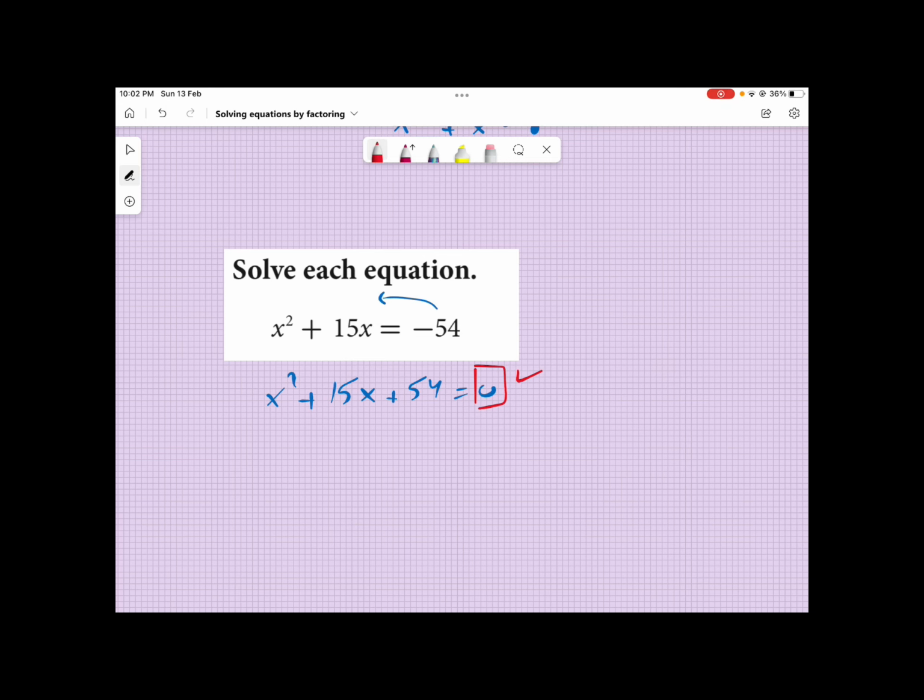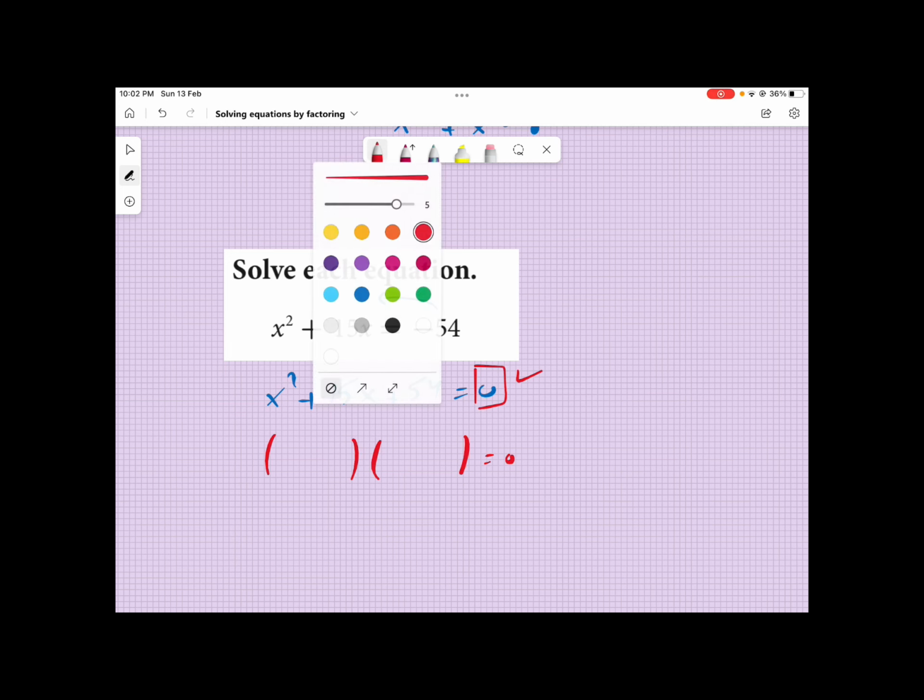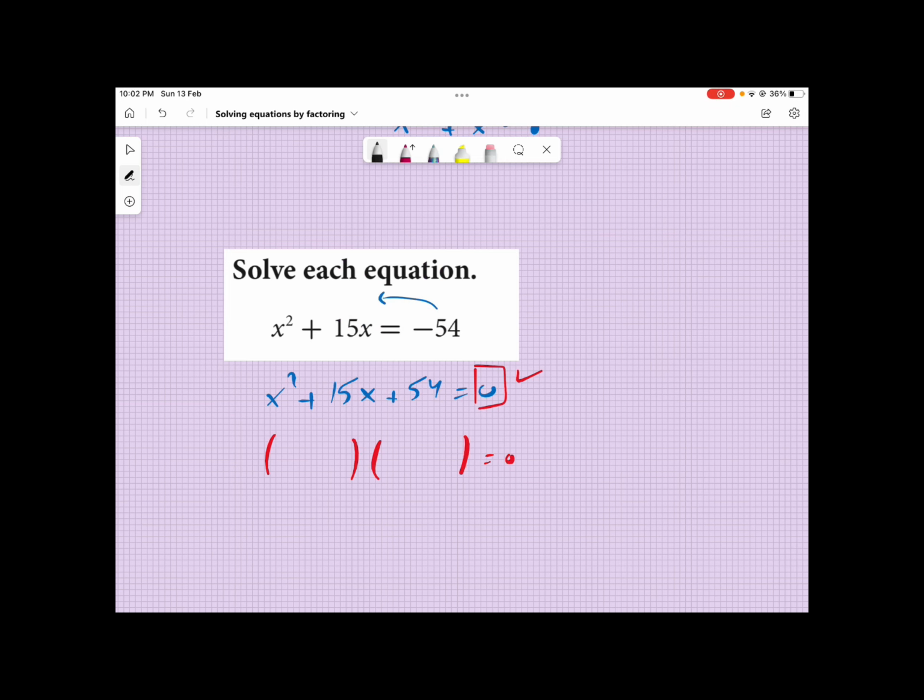We're gonna do the opposite of expanding, which is factoring. So I'm gonna open 2 brackets equal to 0. To get x squared, I have to choose x at the beginning here and there.